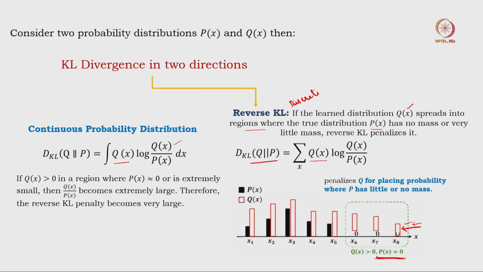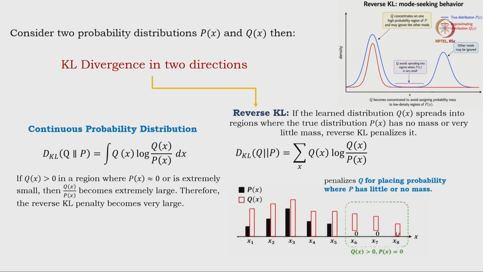If that is the case, is it not that the reverse KL value has become very large, because if this value is 0, definitely it is infinity. If it is closer to 0, then definitely the reverse KL value is very large. So measuring the reverse KL is all about punishing Q for placing the probability where P has little or no mass. This is for a single modality or single mode.